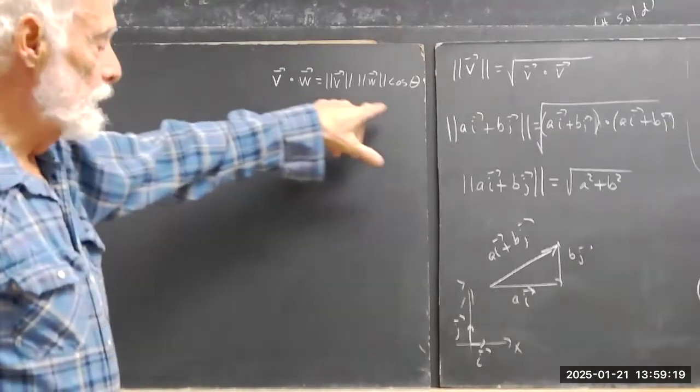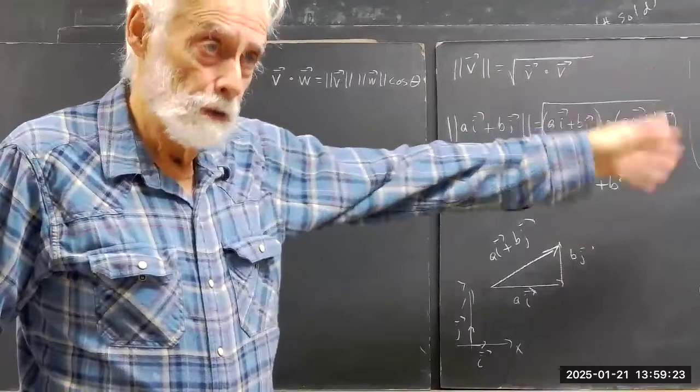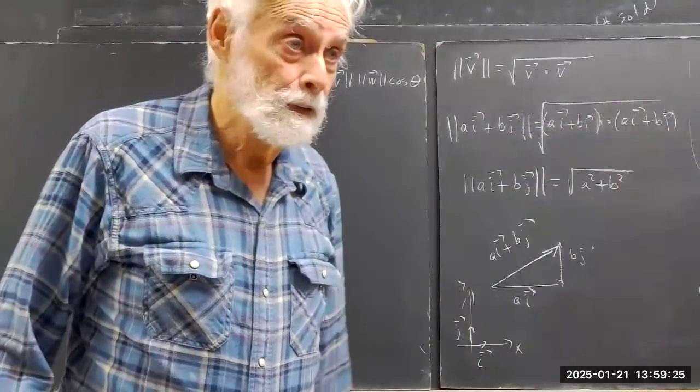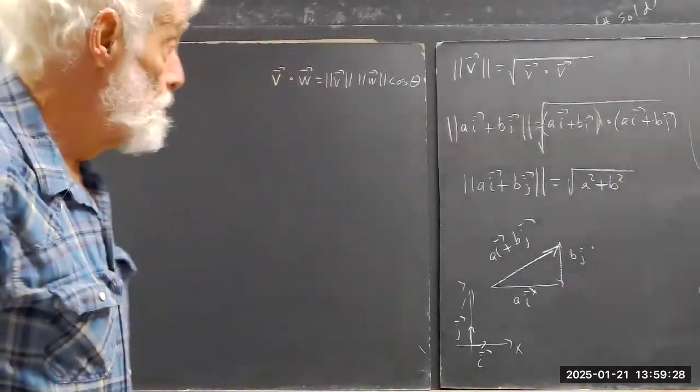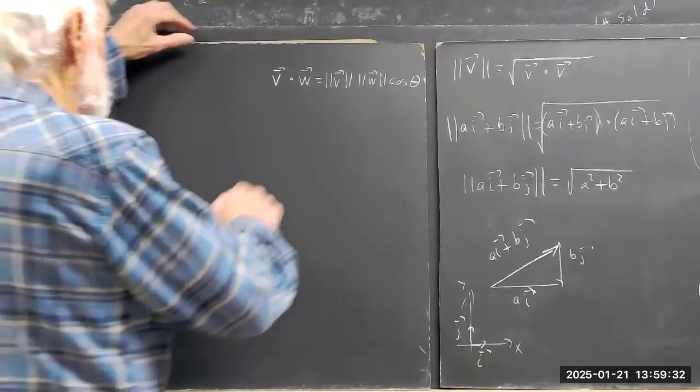In general, the dot product, which we can define just by component times component, has this geometric definition that I'll illustrate with the picture.